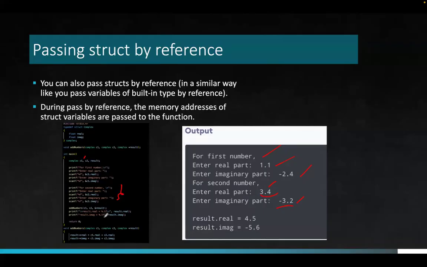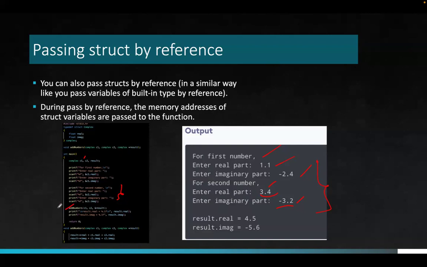Once that is done, we will call a function here, add_numbers. Add_numbers is the addition of these two numbers, and it stores the result. So if you observe here, the arguments take three structures: structure 1 C1, structure 2 C2 and the result structure. So C1, C2, &result.